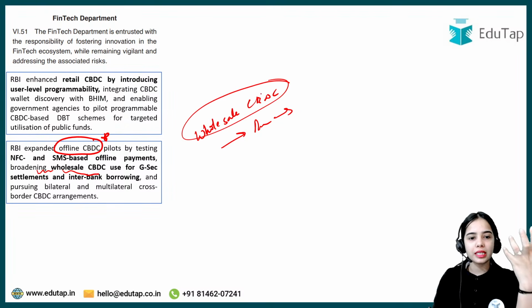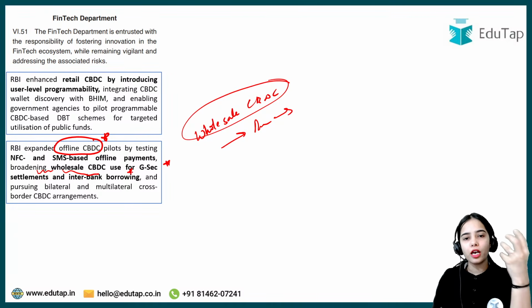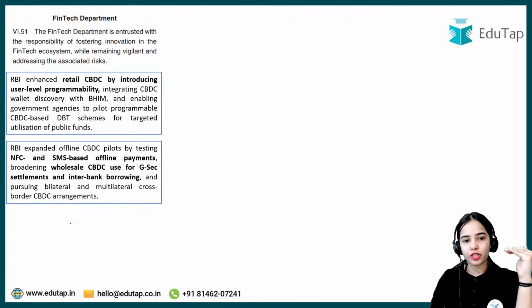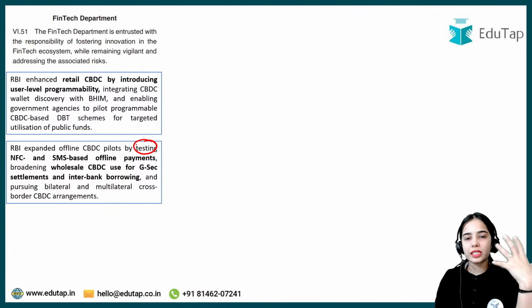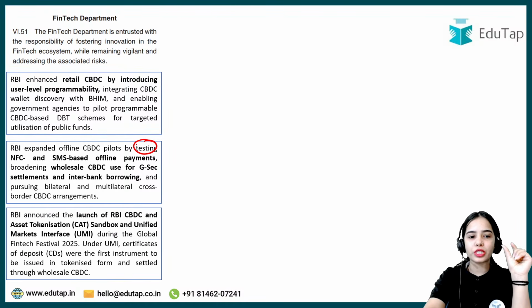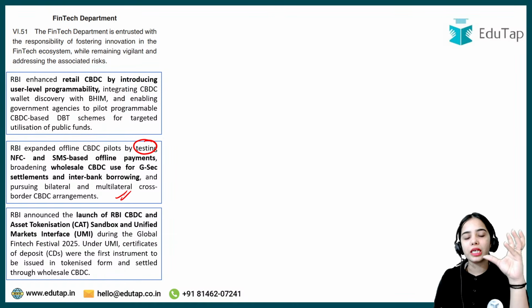Its usage is being broadened for government securities settlement and interbank borrowing. RBI is also pursuing bilateral and multilateral cross border CBDC arrangements. So basically, RBI has expanded offline CBDC pilots by testing near field communication and SMS based offline payments, and is broadening wholesale CBDC usage for government securities settlement and interbank borrowing.